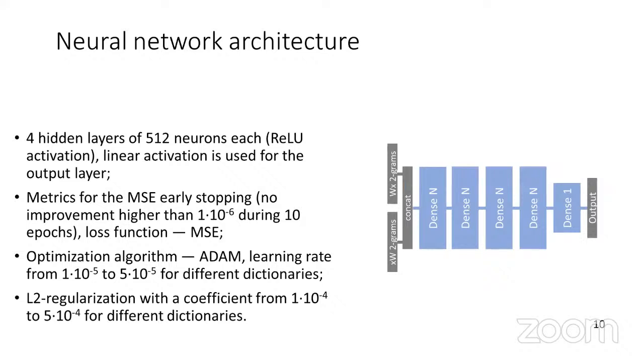Then we use these vectors as input parameters for a neural network. We use a simple neural network with 4 hidden layers of size 512 neurons, and one output neuron with the valence, arousal, or dominance rating.